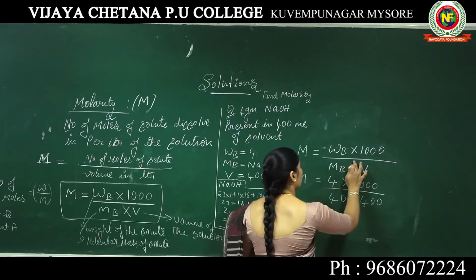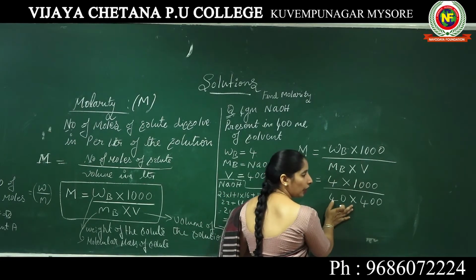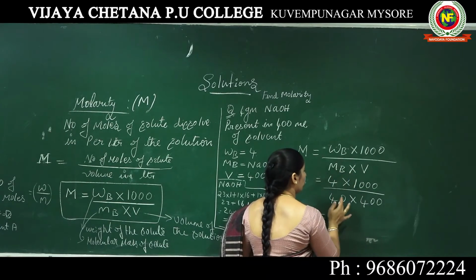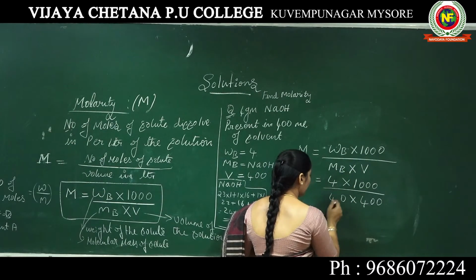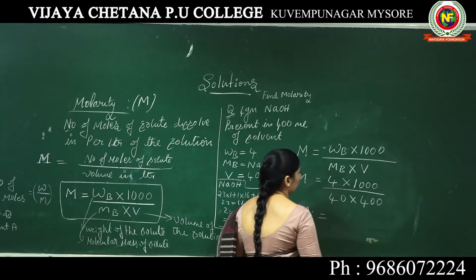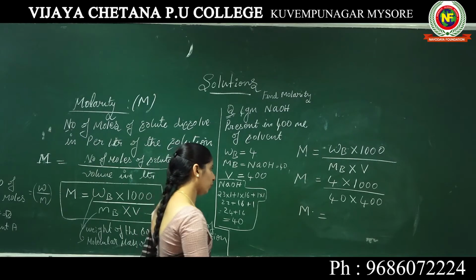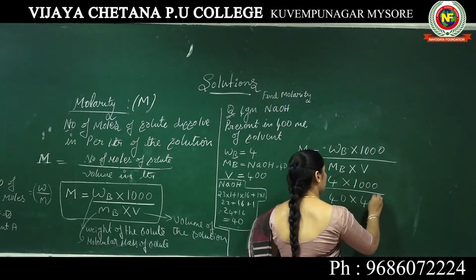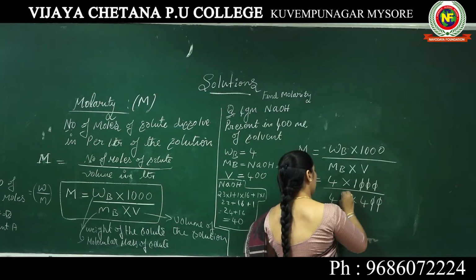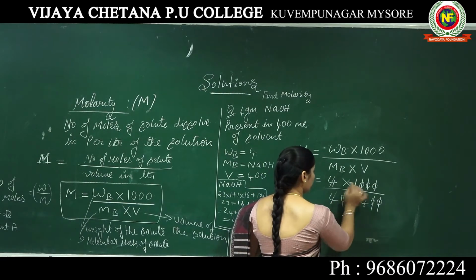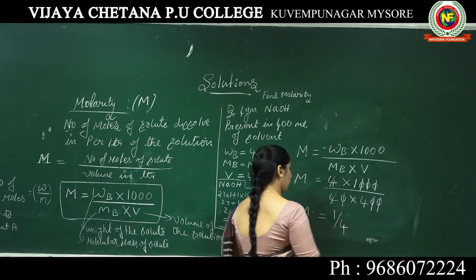So now write the equation and write there its weight, its molecular mass. Then you find out its mole per liter value. So now cancel. Totally 1 by 4.